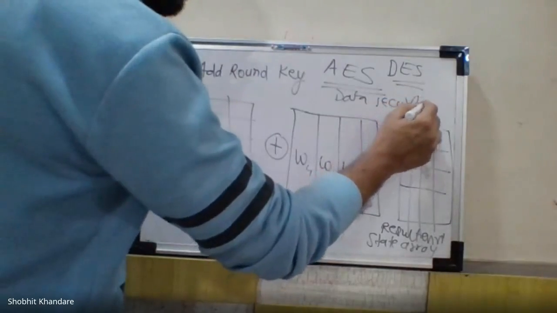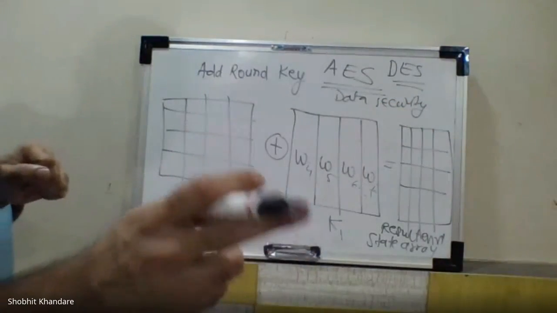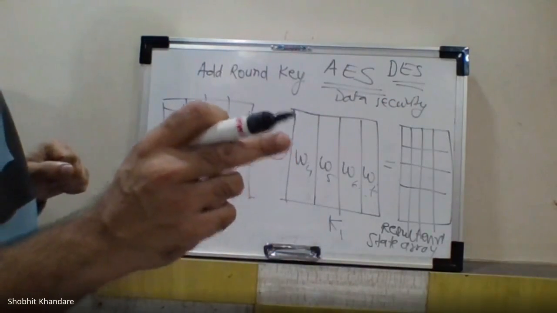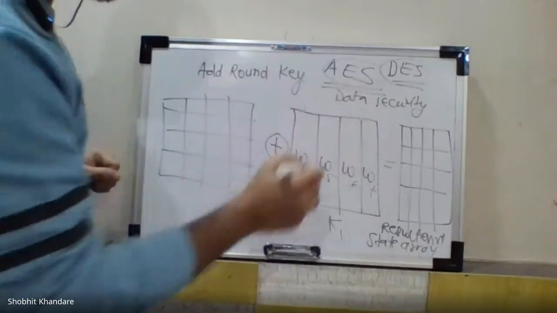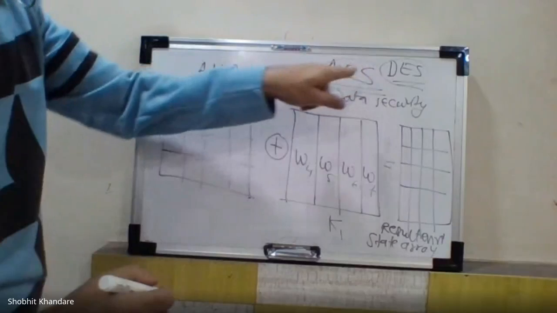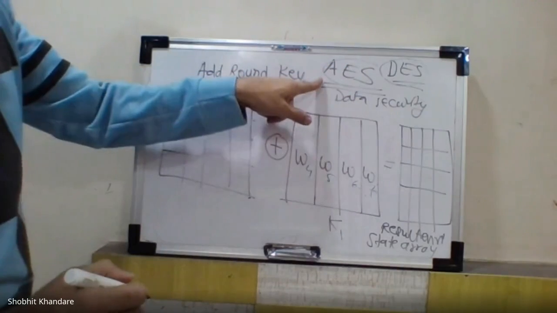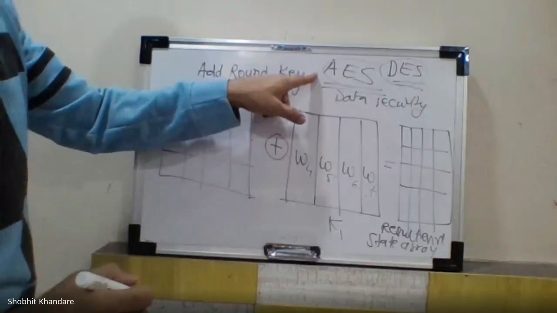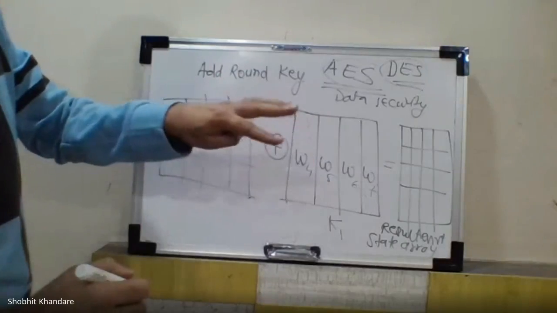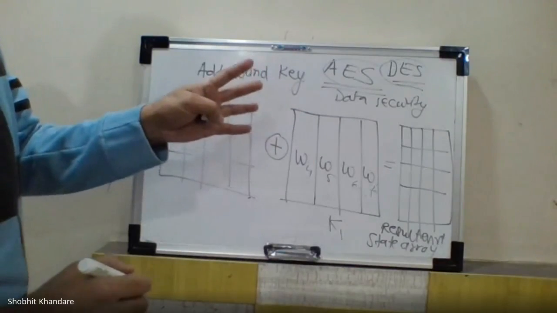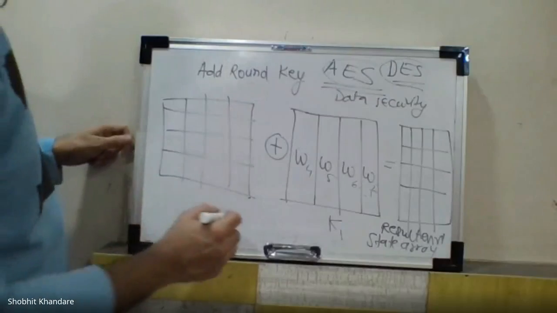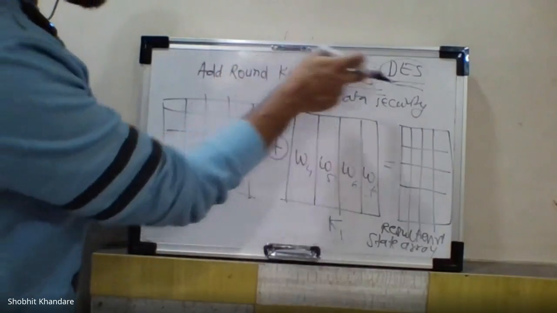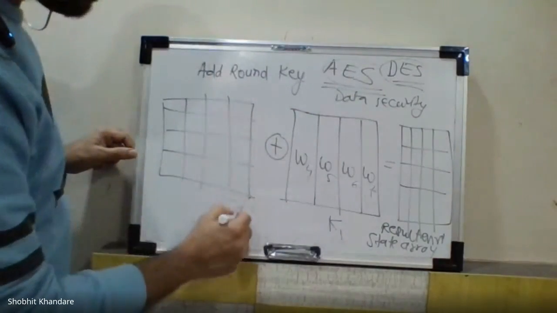In the next lecture I will be talking about asymmetric encryption. As far as AES and DES are concerned, they come under symmetric encryption. Next we should talk about the asymmetric encryption algorithm, and as we have AES and DES for symmetric, for asymmetric we have RSA.